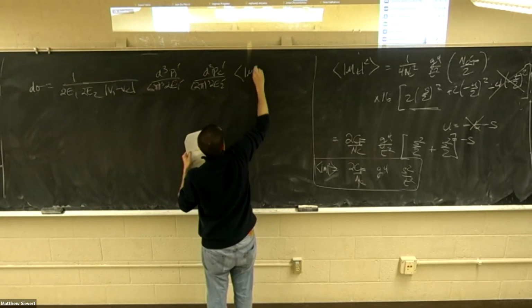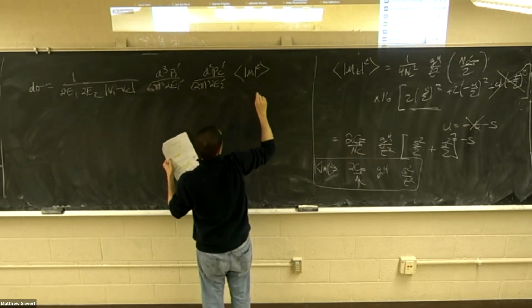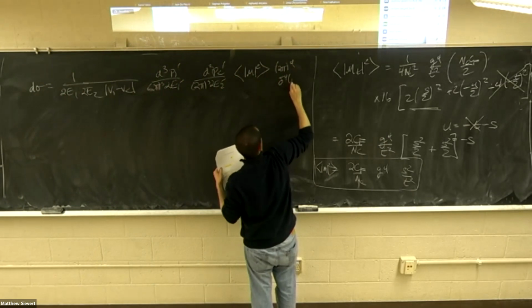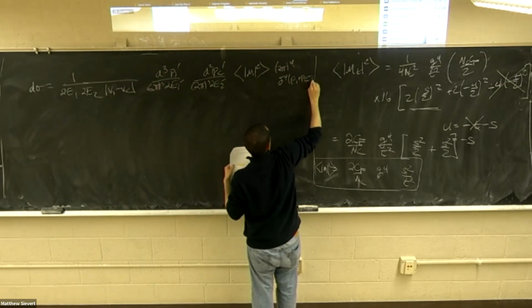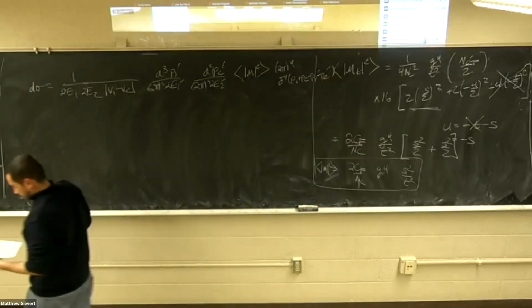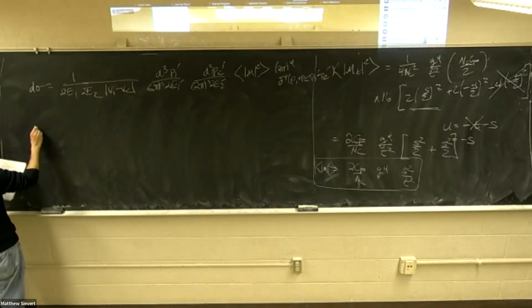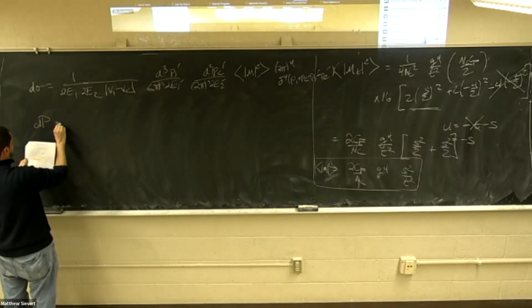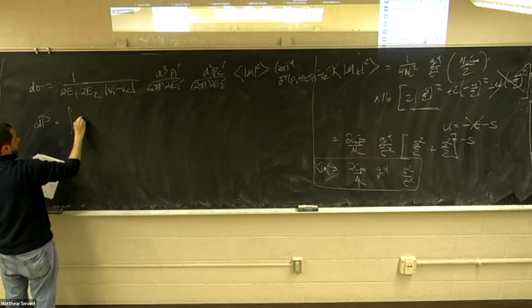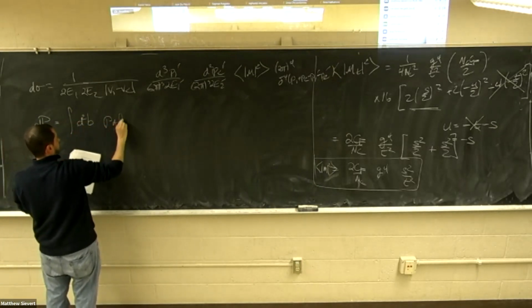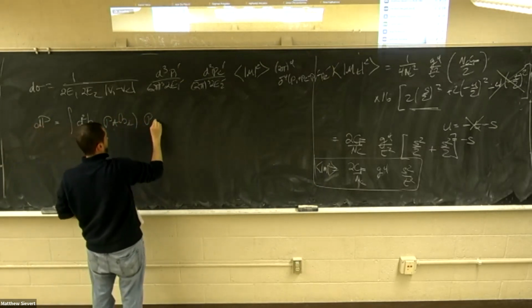Then I have my average amplitude squared times a momentum conserving delta, 2 pi to the 4th, delta 4 of P1 plus P2 minus P1 prime minus P2 prime. This formula comes about, by the way, from a calculation of the probability density for a scattering involving an overlap of 2 beams with different profiles as a function of impact parameter.